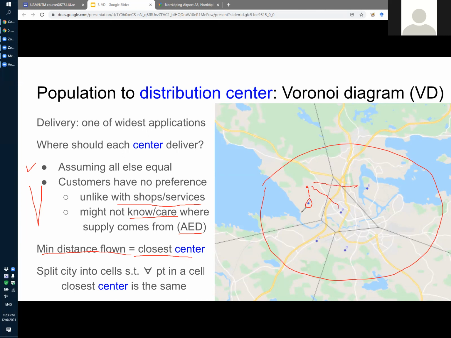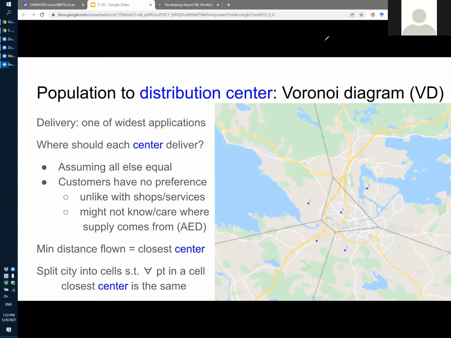Okay, so again, no matter which point in the particular cell you take, it should be closer to its distribution center than to any other distribution center. Okay, so that's the question: how to split the city or the area into such cells, and the answer is given by something called the Voronoi diagram.